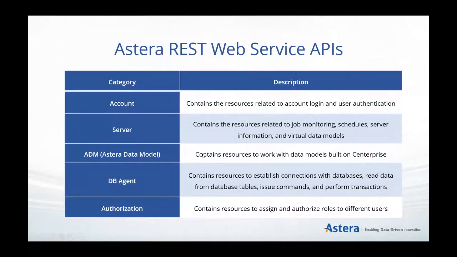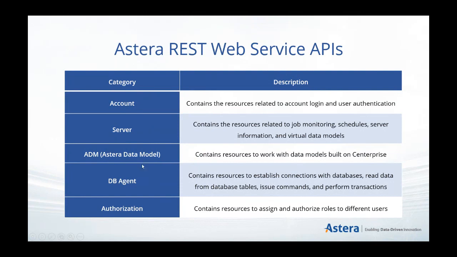The ADM, Astera Data Model, can be controlled through the server as well, and I'll get to that in a bit. DB agent is for controlling access, reading, and writing from databases. You can do that directly through the Centerprise Web Services. And then finally, authorization. This is the service that you normally have to call in order to call all these other services. You have to get your access.